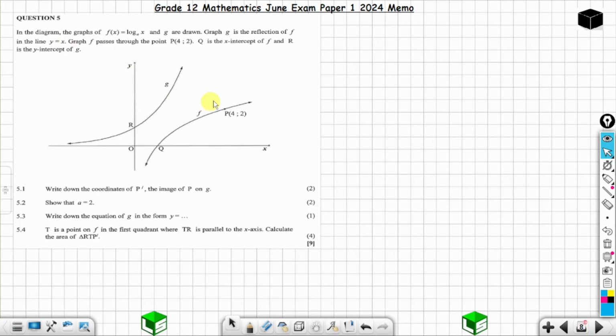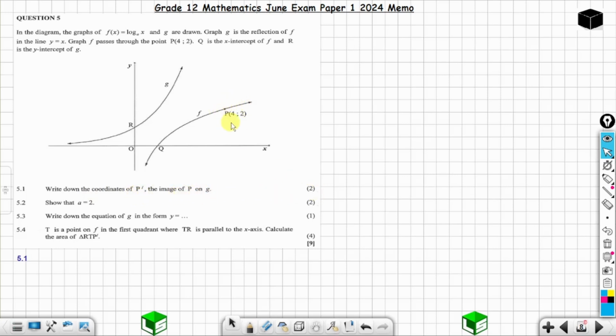Graph f passes through the point P. Q is the x-intercept of f, and R is the y-intercept of G. Now, 5.1, write down the coordinates of P dash, the image of P on G, 2 marks.